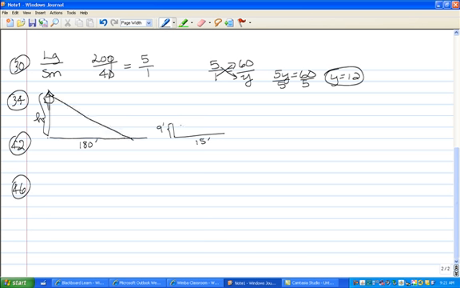So what we have is two similar triangles. I'm not very good at drawing these straight the way I want to. Okay, what we have is two similar triangles. And so again, let's do large over small since we've been doing that. Can we reduce that? I think 15 will go into 180 12 times.